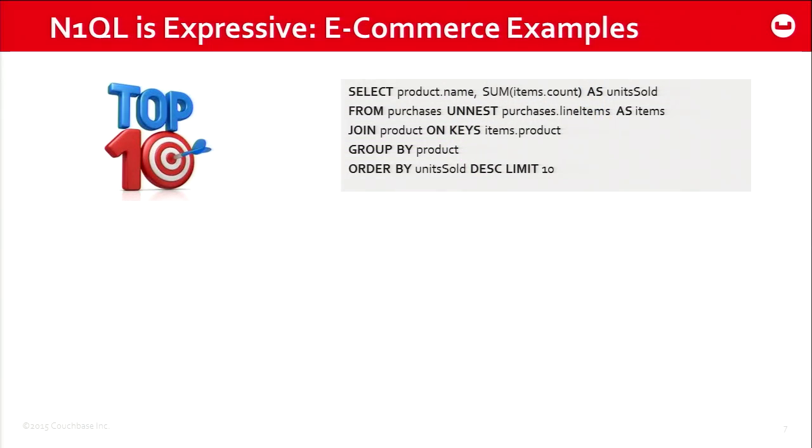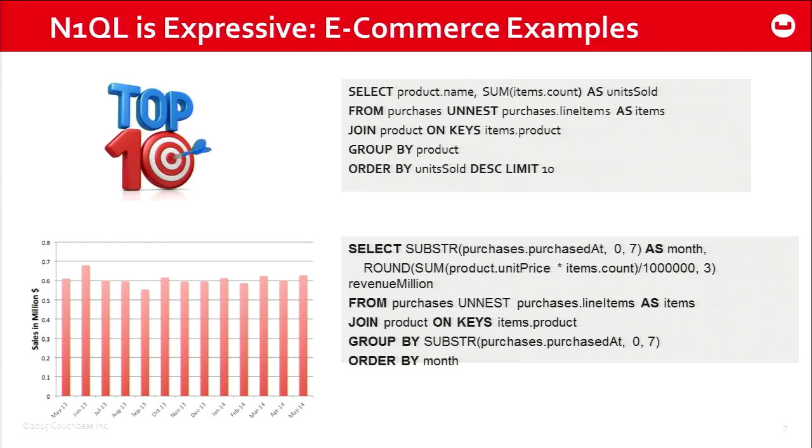Here's another example. Your boss comes around and asks you about the monthly sales. Again, same data model. What you do now, instead of grouping by the product, you're grouping by the purchase date of the line item.